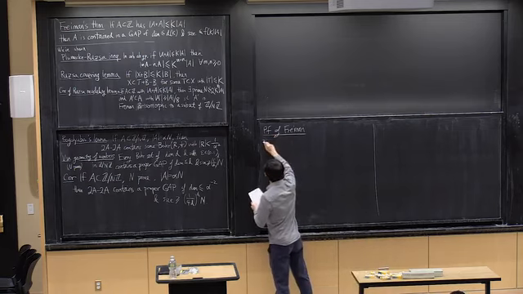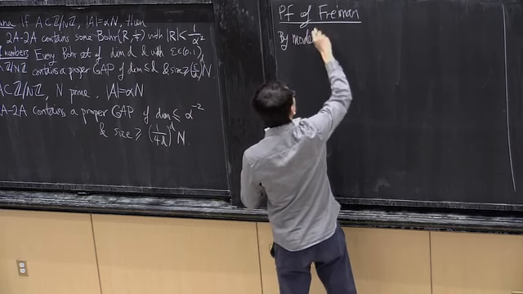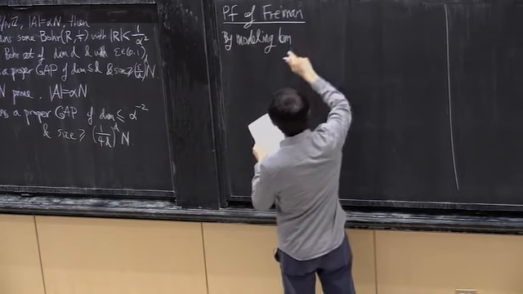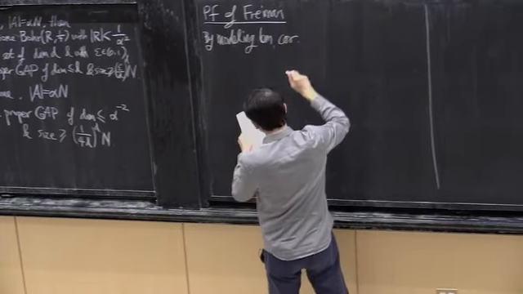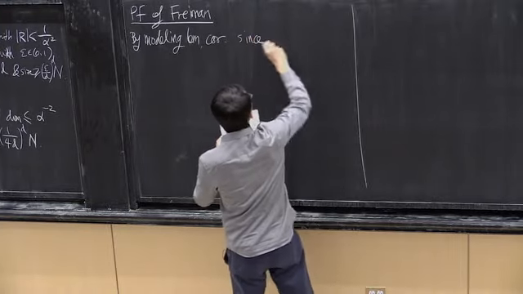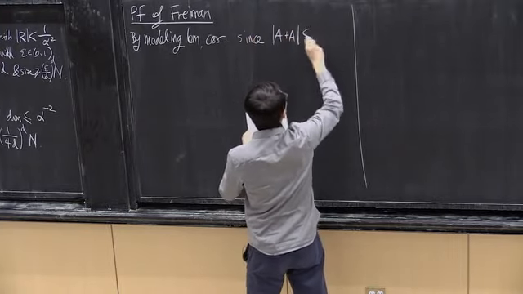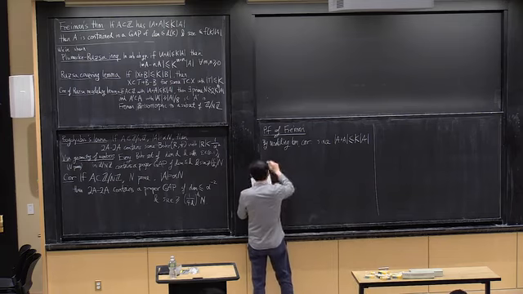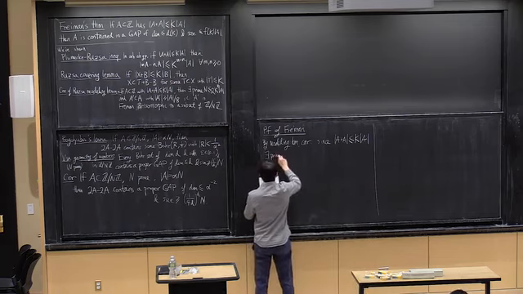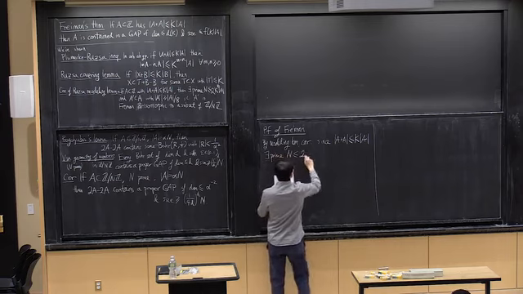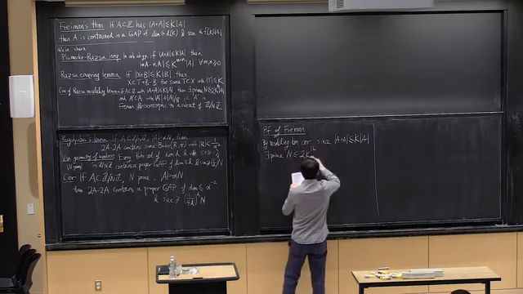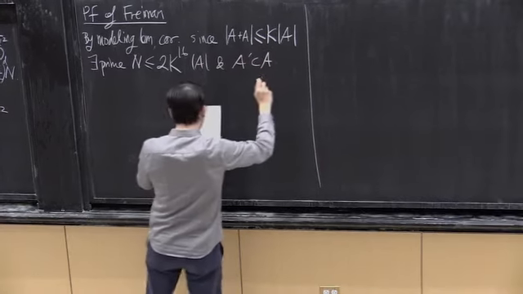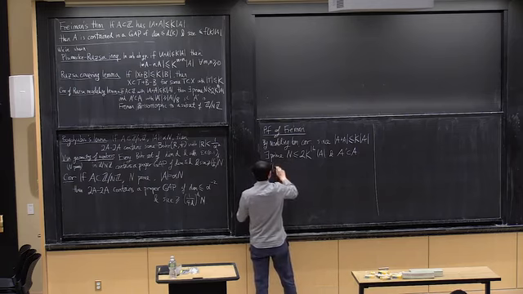Using the modeling lemma, the corollary of the modeling lemma, we find that since A plus A is size at most k times the size of A, there exists some prime n at most 2k to the 16 times the size of A, and so I'm just copying the consequence of this modeling lemma.